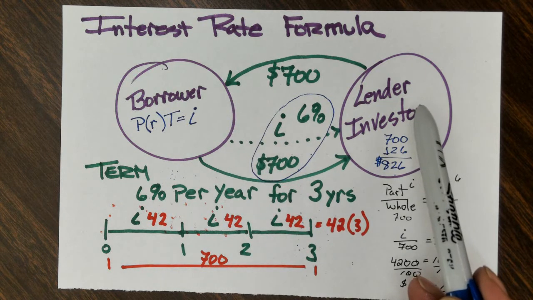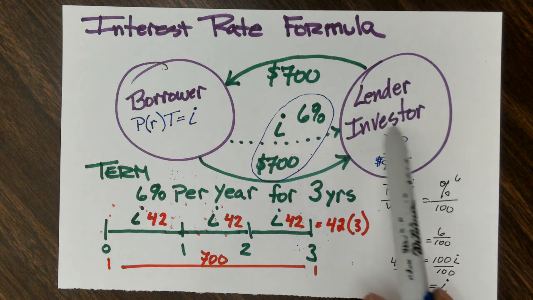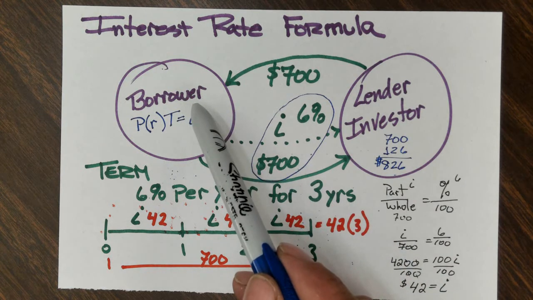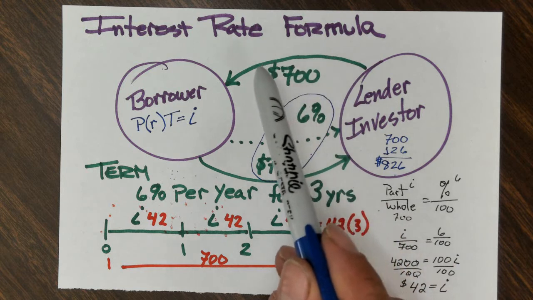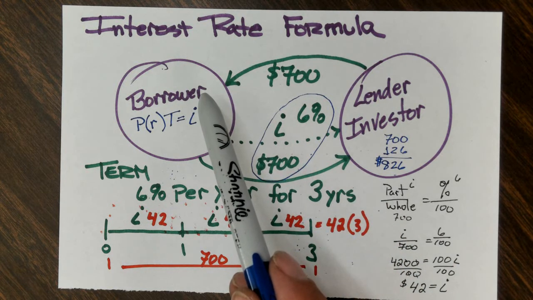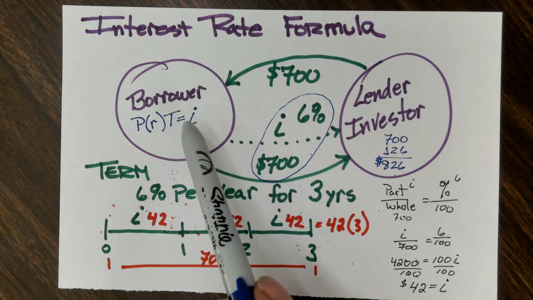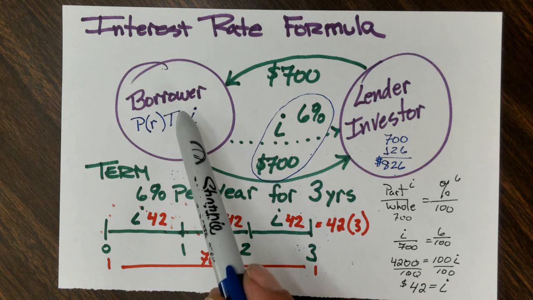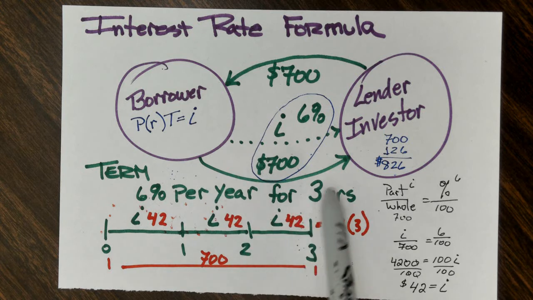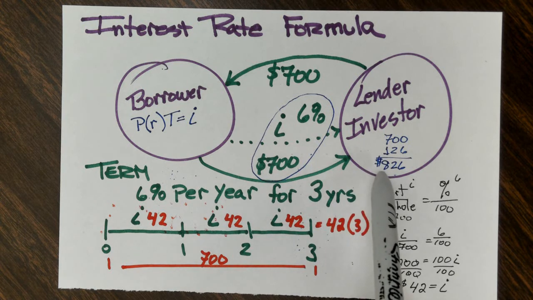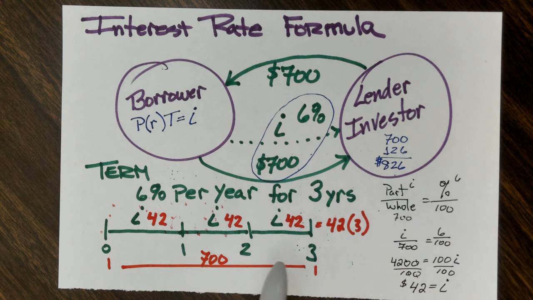An investor, if this were an investment, will lend somebody $700, or if it were a bank, you put $700 into the bank, and the bank is the borrower. They are borrowing your money. Then they will pay you back 6% per year. After 3 years, the bank will give you back $826.